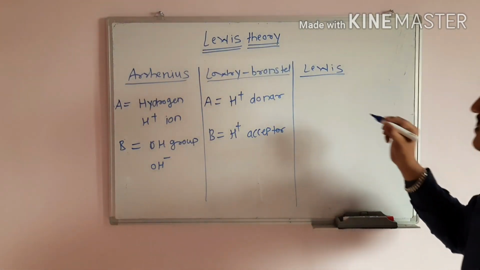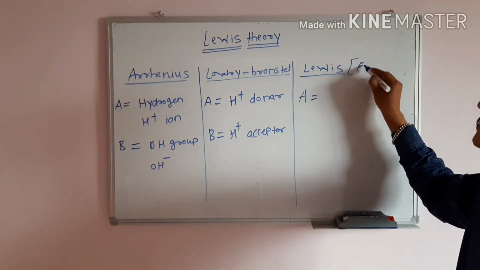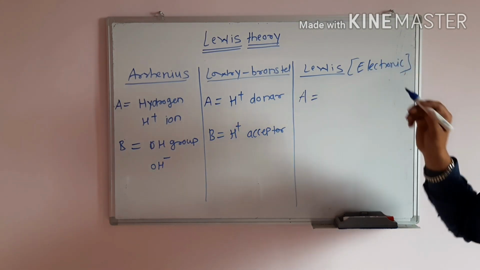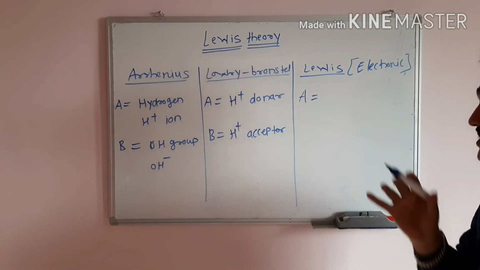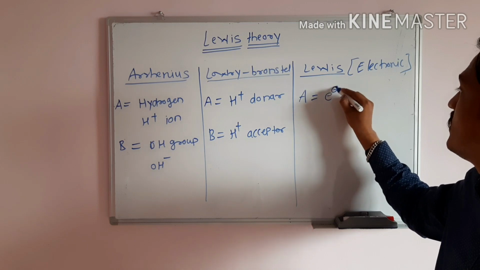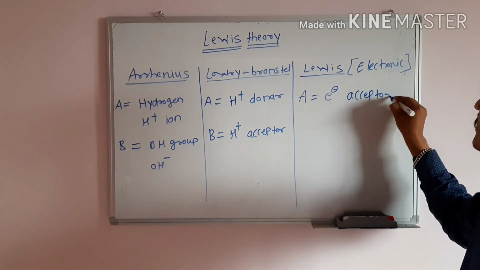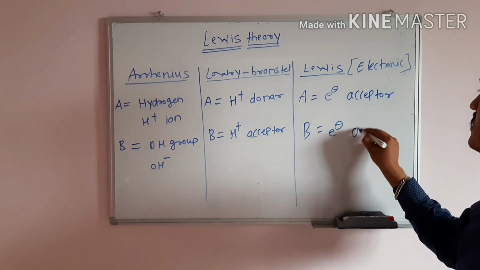According to Lewis, it is an electronic concept. Lewis concept is called the electronic concept because no concept has come after it until now. It will be 100 years in 2023, as it was given in 1923. An acid means electron pair acceptor or electron acceptor, and a base means electron donor.